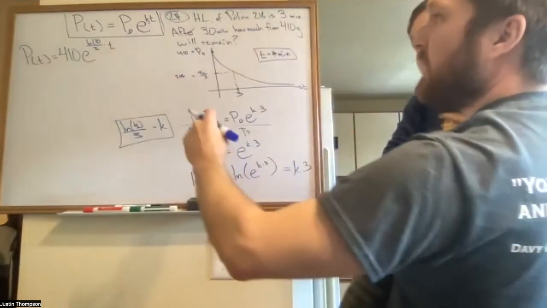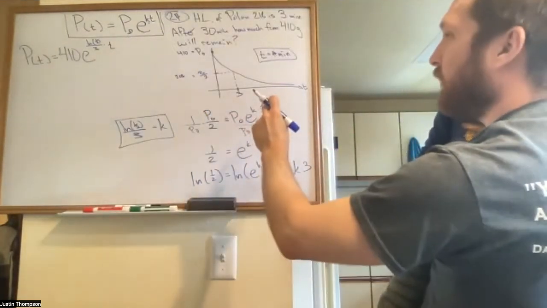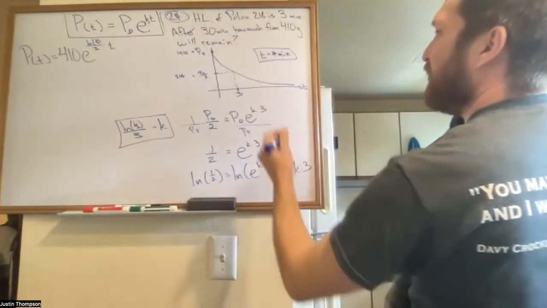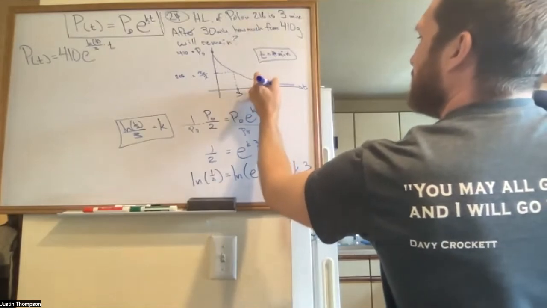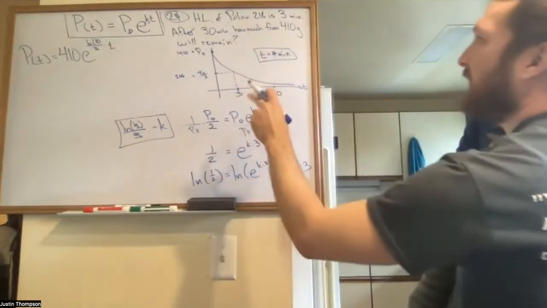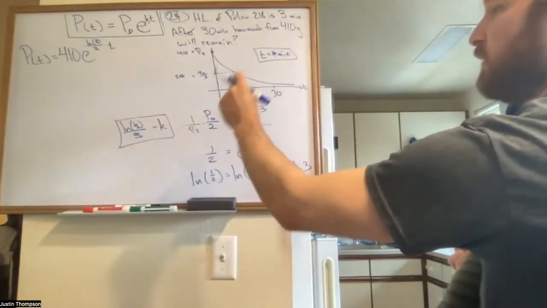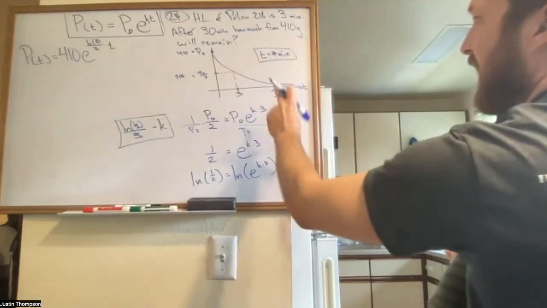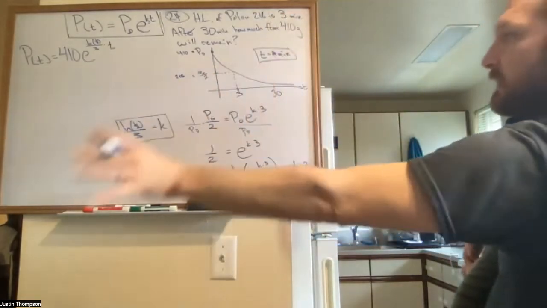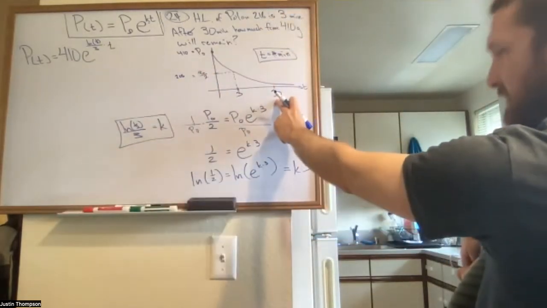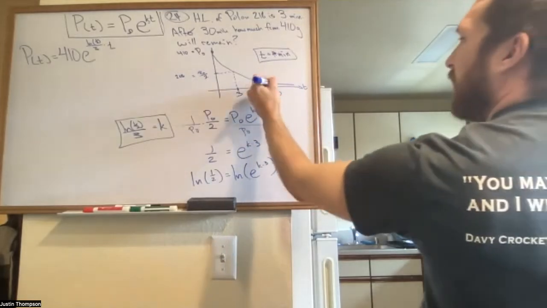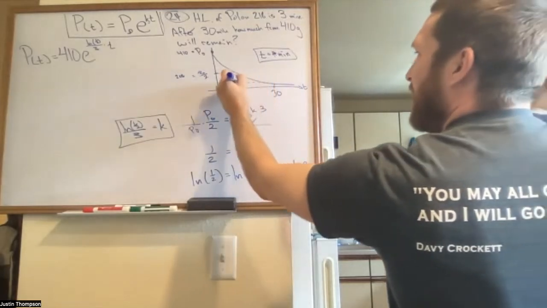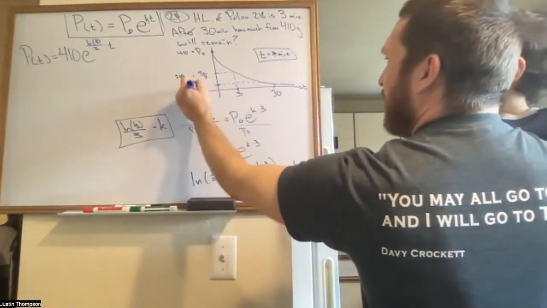It's okay. So now we want to know, they're asking us after 30 minutes, how much remains. And I'm double checking that everything I've done so far has been where T is equal to minutes. And so 30 minutes, I don't need to worry about that. So I'm going to plug in a 30, and I should get out the amount that we want.